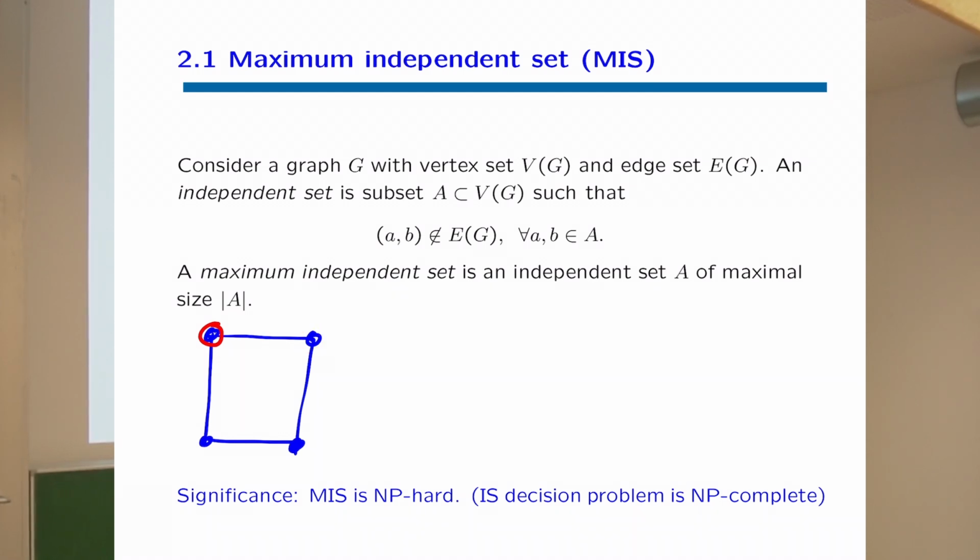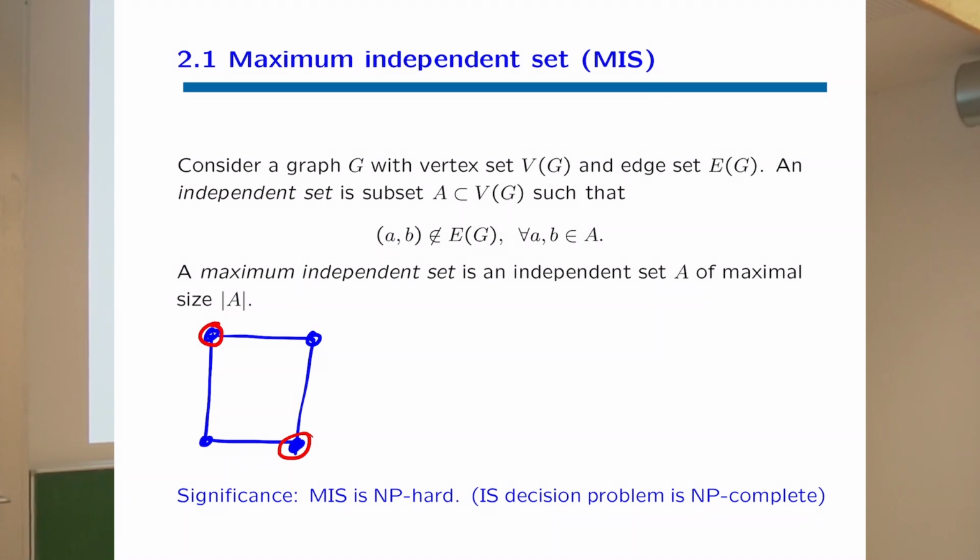But these two, they form an independent set, because they have no edge running between them. Good, and that's also the largest independent set. I can try to add any other vertex, and I will always fail the independent set condition.